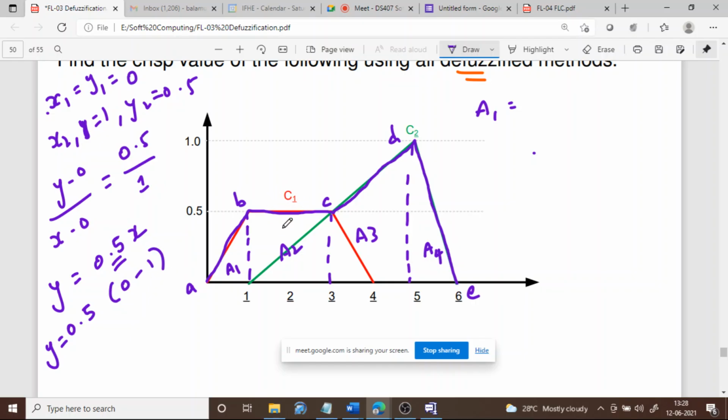Similarly, you have to find B to C. For B to C we need not calculate like this, it is visible from the plot itself. For the range 0 to 1, it is 0.5x. For the range of B to C, y is equal to what?